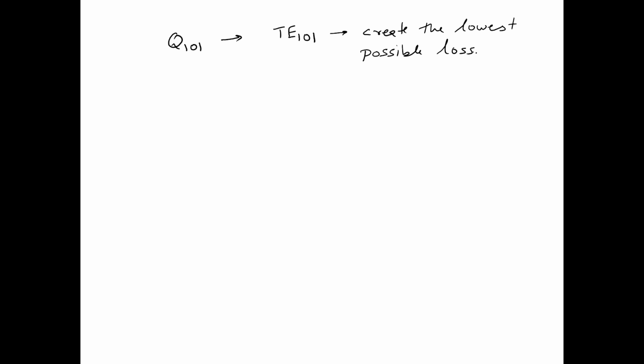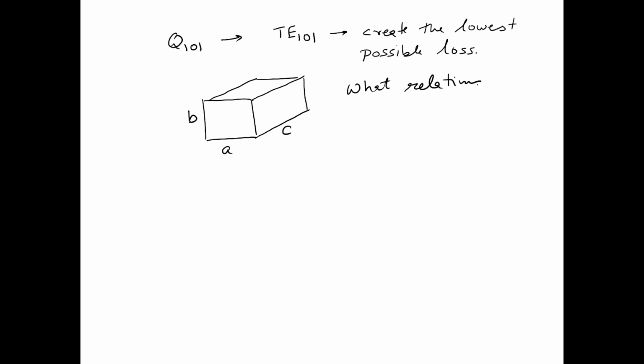And the question that arises next is, we have done this calculation for a cavity which was arbitrarily chosen, with dimensions A, B, and C. What values or what relations between A, B, and C would give the highest Q?